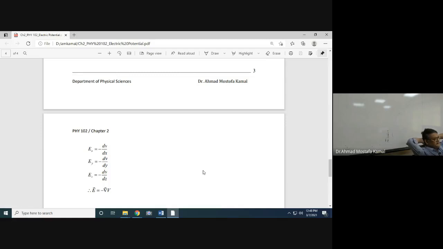The first definition is the definition of average velocity, v equals x by t. This is very well known to you. What is the total distance and what is the total time required to cover this distance? That is called average velocity.